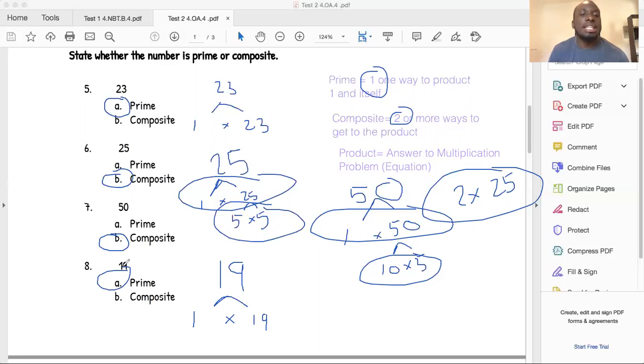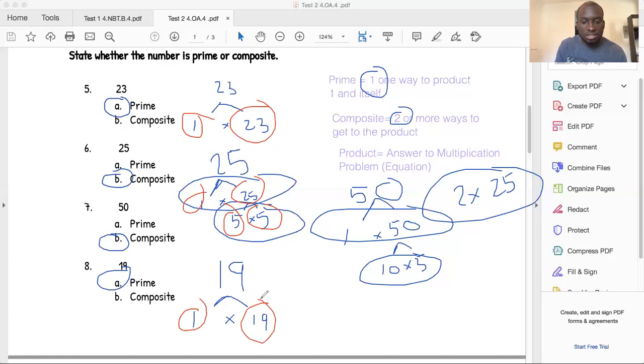So I basically just broke apart the numbers and looked at the factors. These that I'm circling in red, these are factors. Yes, factors.